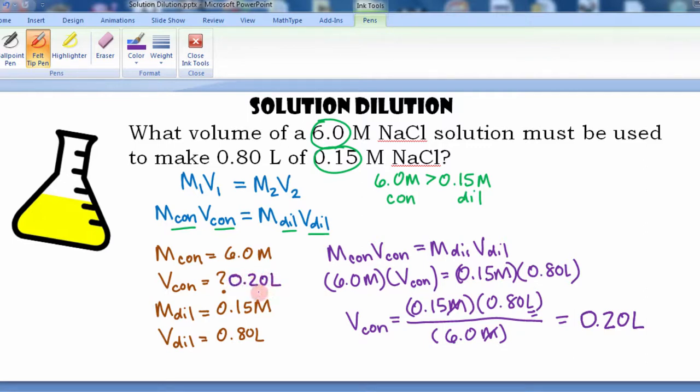So notice that we have increased the volume of this, and we've made a dilute solution at this molarity. Okay? So that was pretty easy.